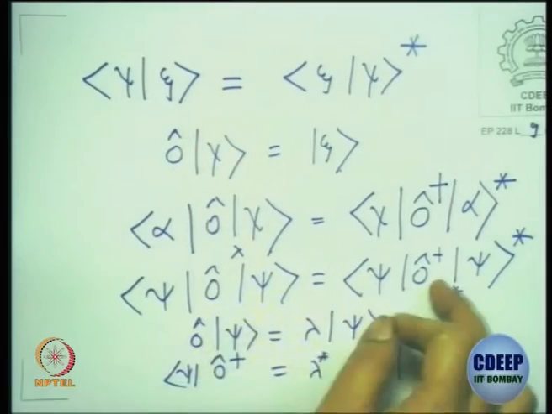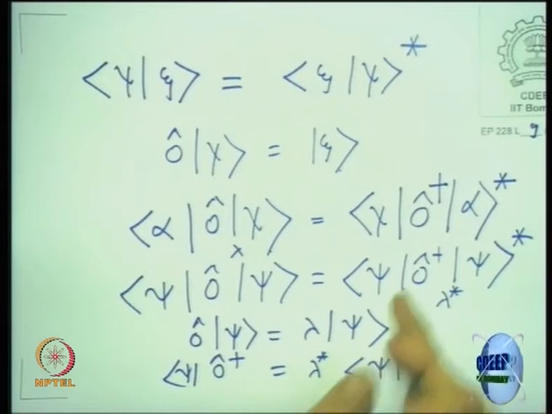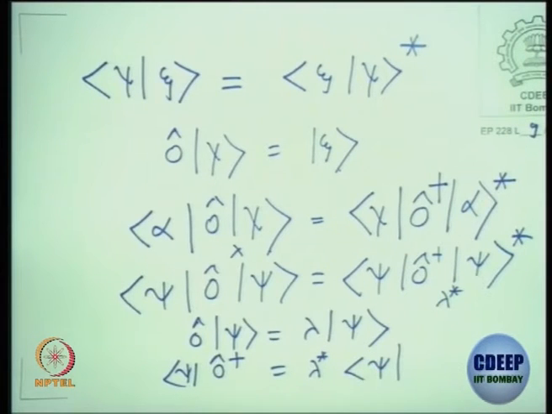There is some small thing which I missed here, but these two look one and the same, provided as an operator equation you should be able to put this as O equal to O dagger.